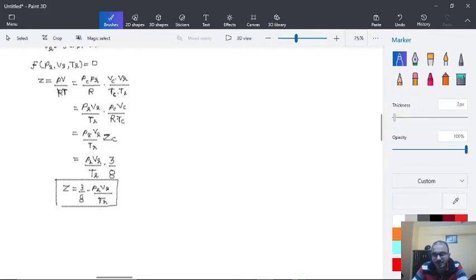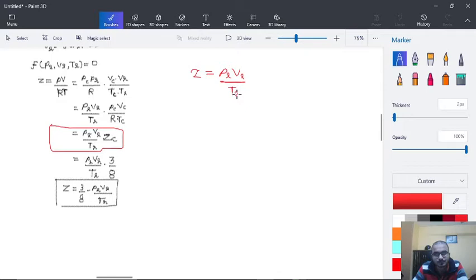Let me write down the equations here. First is this equation: Z is equal to PR VR upon TR into ZC.